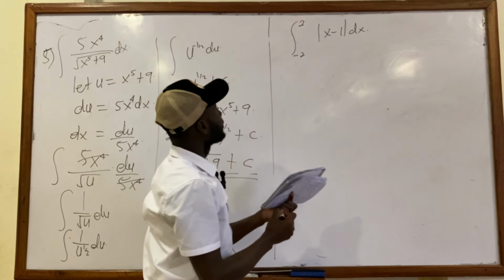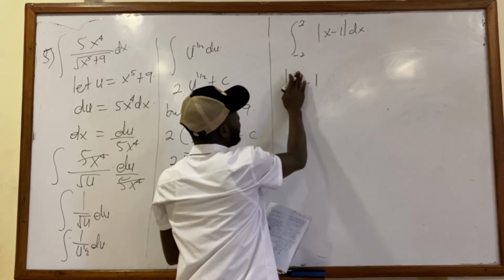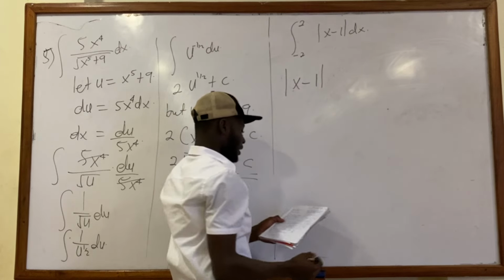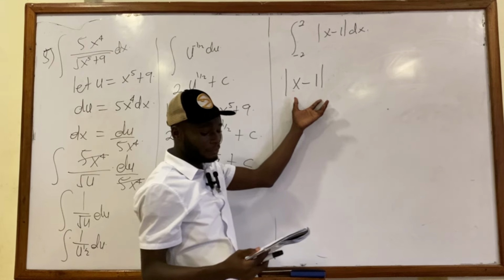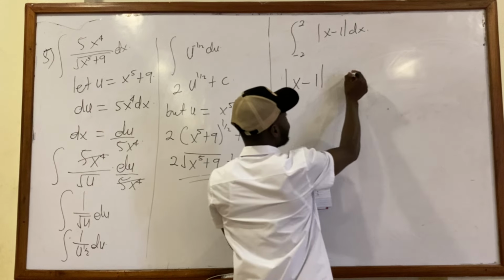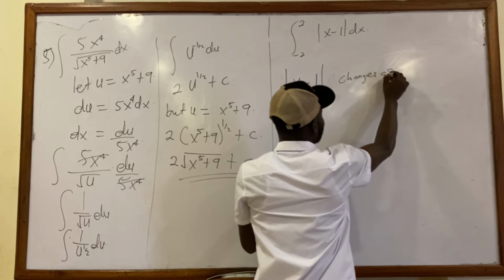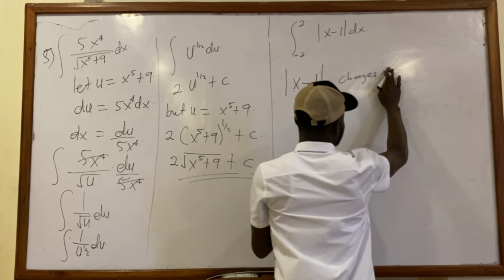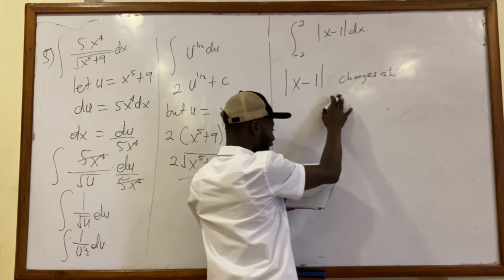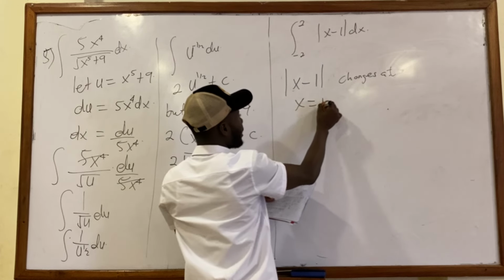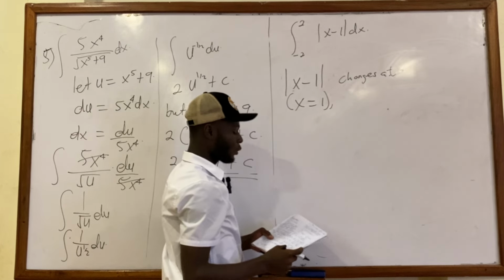So the function absolute of x minus 1 changes at x equals 1.